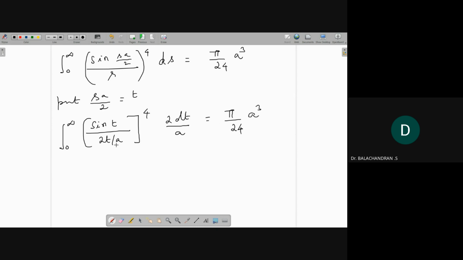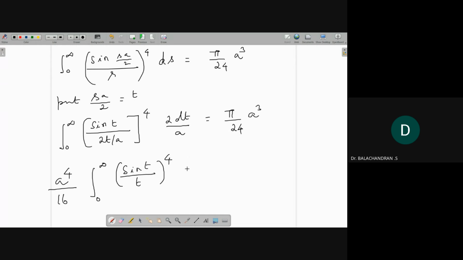Okay, so here we have a power 4 that is going to the numerator. a power 4 by 2 power 4 is what? 16, integral 0 to infinity (sin t by t) remaining, whole power 4, 2 into dt.